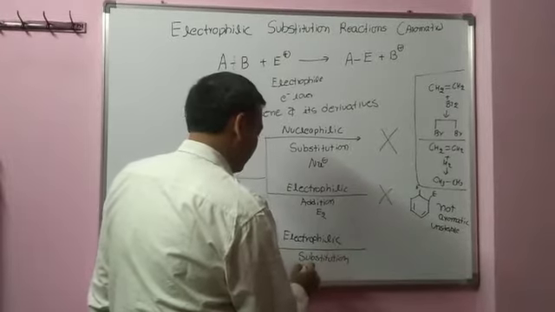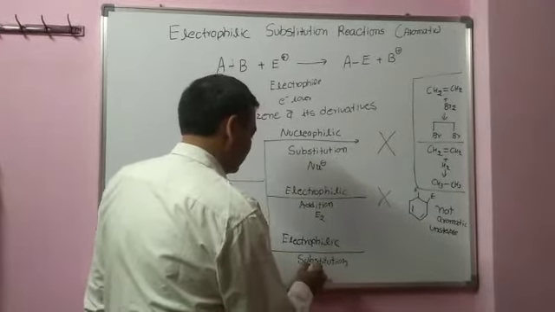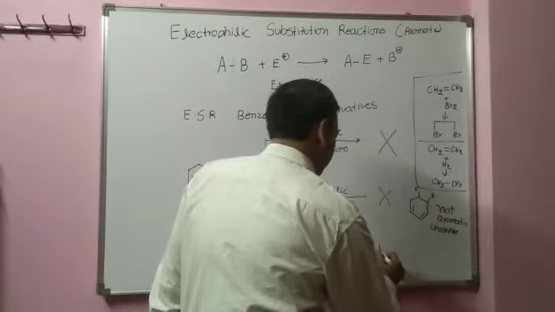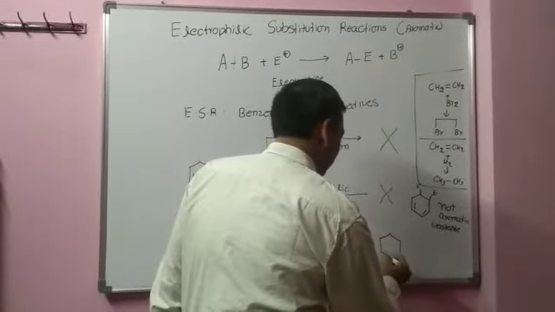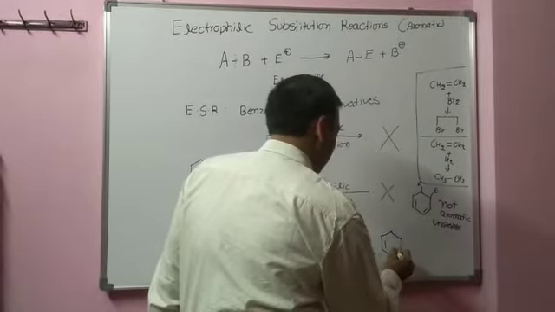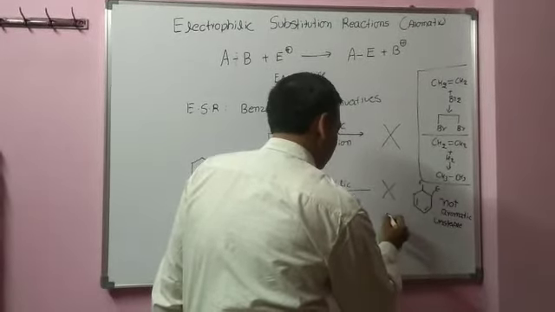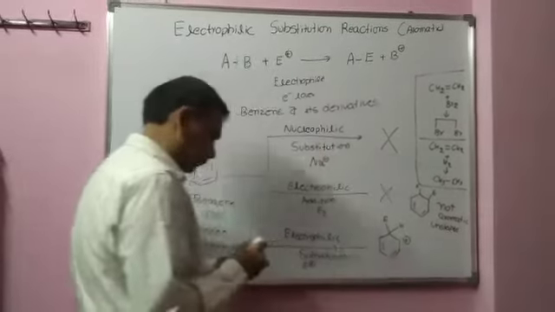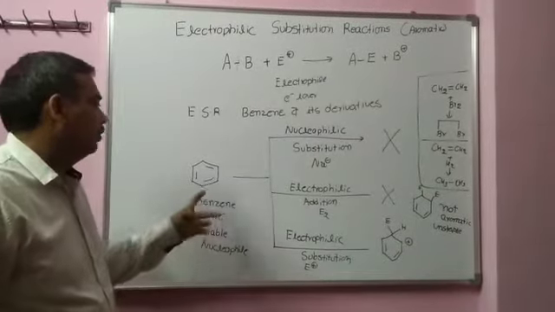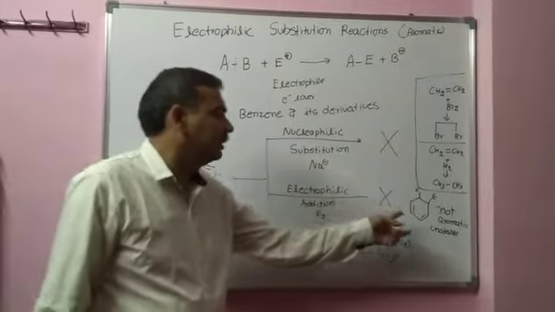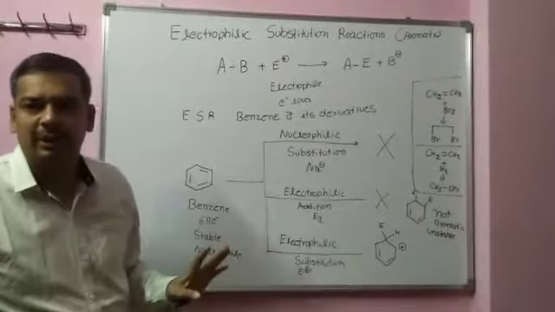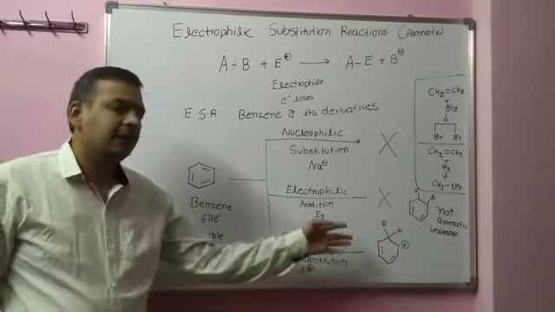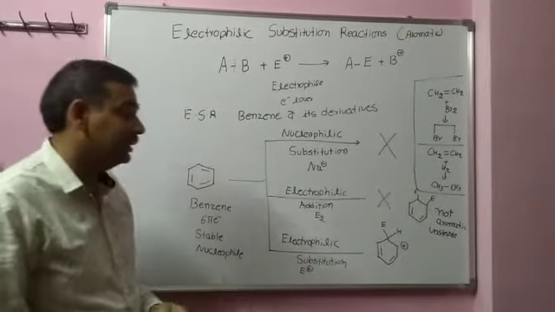So what will happen when an electrophile, E plus, adds on benzene? Let us see. We will get a complex like this. As I told, if it is electrophilic addition, we will get a compound that is not aromatic and unstable. But here we get a compound that is stable.